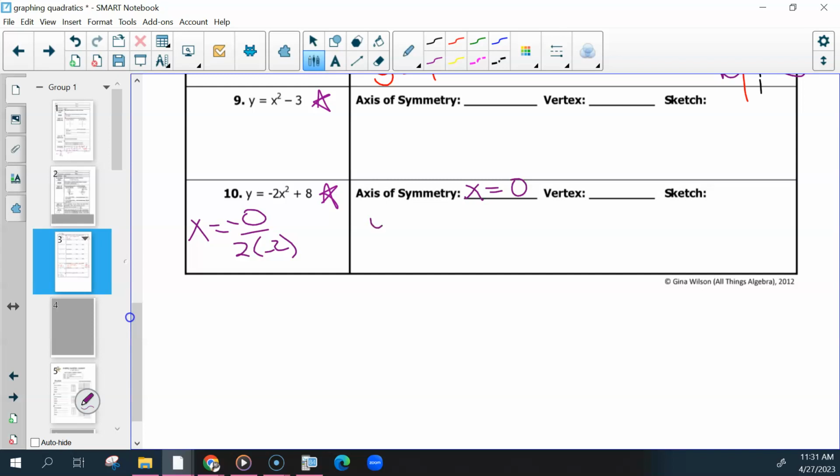And then if we were to put that in for x, what would your y value be? Negative 8. That's another nice thing. Your axis of symmetry will always be 0, and you could really just look at that last number. That will always be the y value.